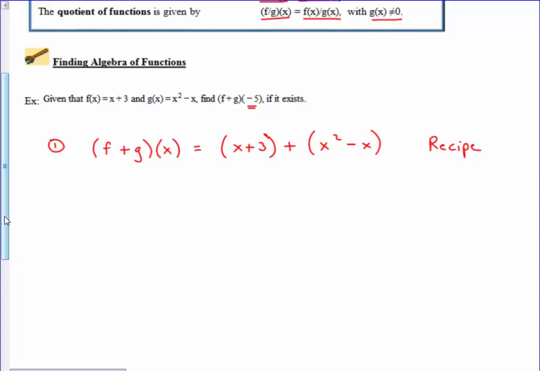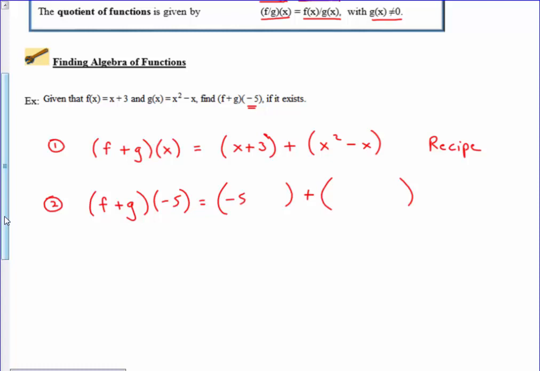If I was actually asked to simplify this, you see there are some terms that would either cancel or I could combine and so forth. However, since I've not been asked to reduce, what I usually do at this step is I then go to the question I am asked, and I just use this recipe that I have and I plug in the -5 anywhere there was an x.